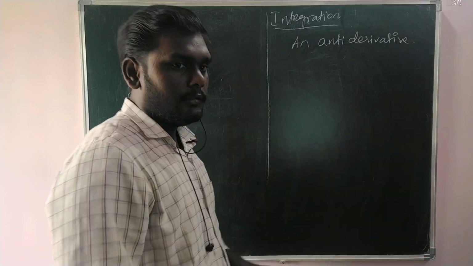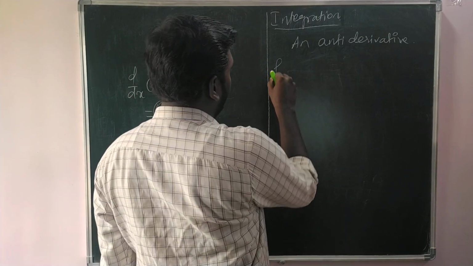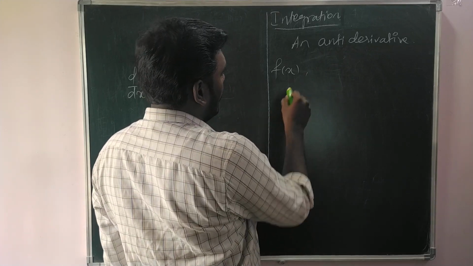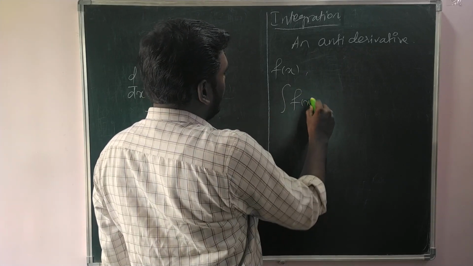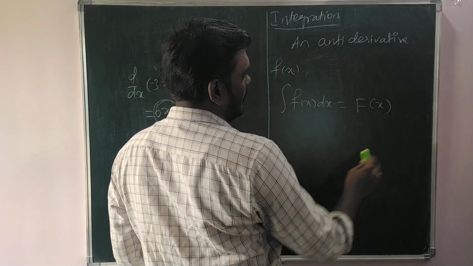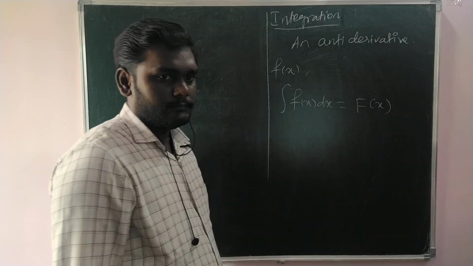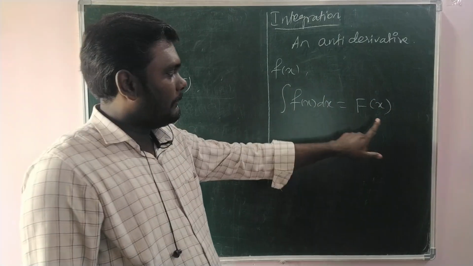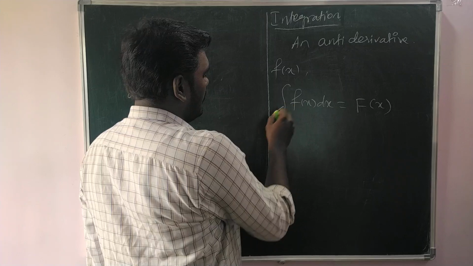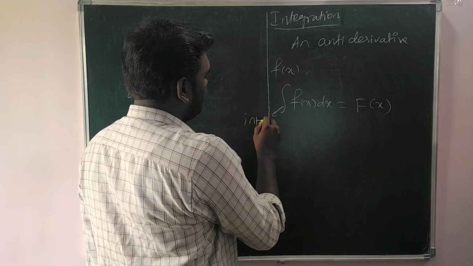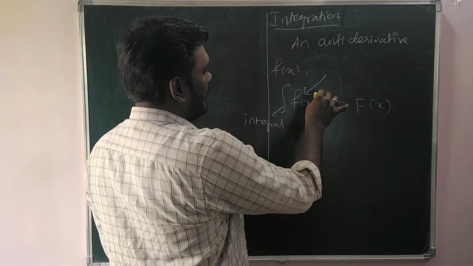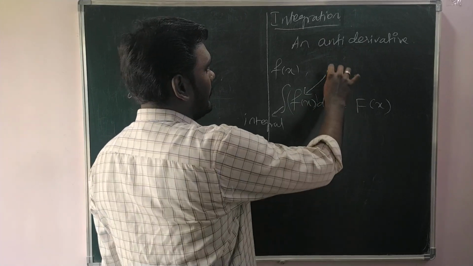Okay, so let's consider a function f of x. The integral of f of x dx will give some capital F of x. Some other answer we are getting, which I am marking as capital F of x. Here the sign is called the integral sign, and this part in between is called the integrand.